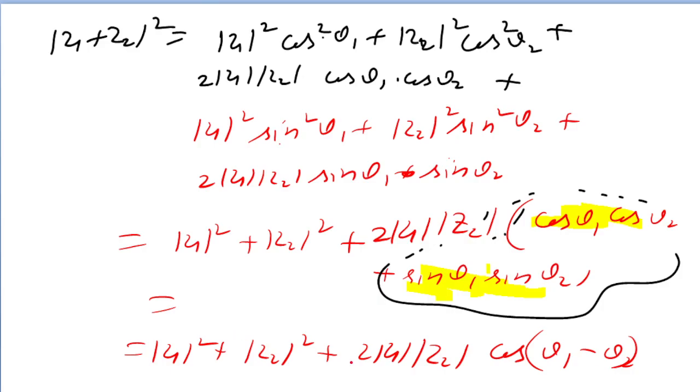Now, mod z1 plus z2 square has its maximum value when cos of theta 1 minus theta 2 is 1, its maximum value.